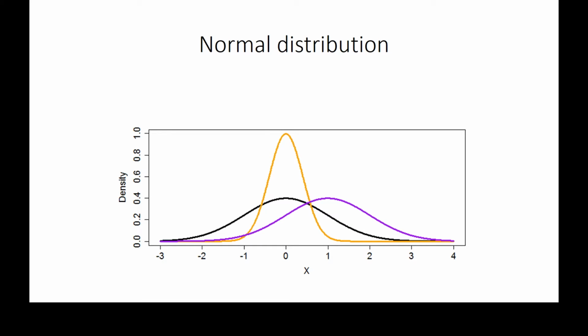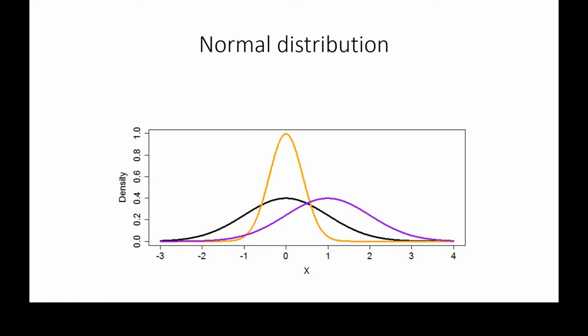The normal distribution is also known as the bell curve or the Gaussian distribution, and it has two parameters, the mean and the standard deviation. In this picture, the black curve has mean equal to 0 and standard deviation equal to 1. This particular version of the normal distribution is called standard normal.